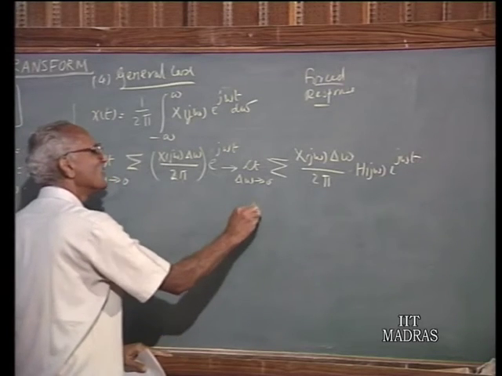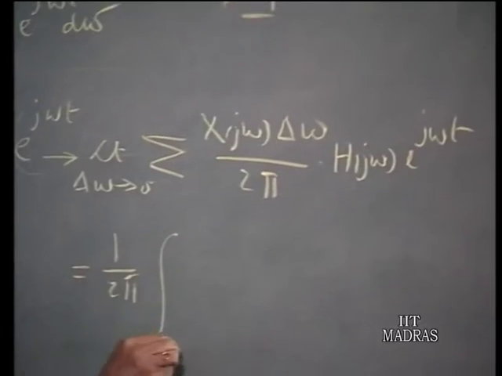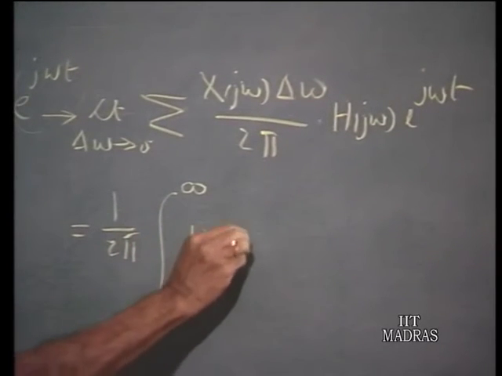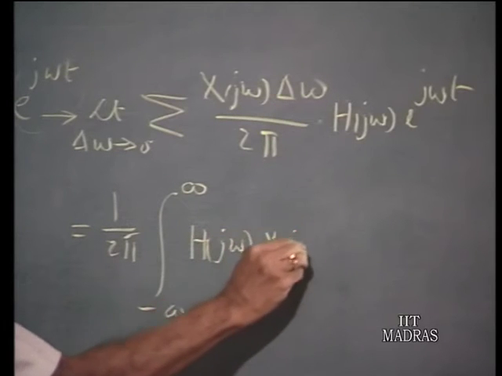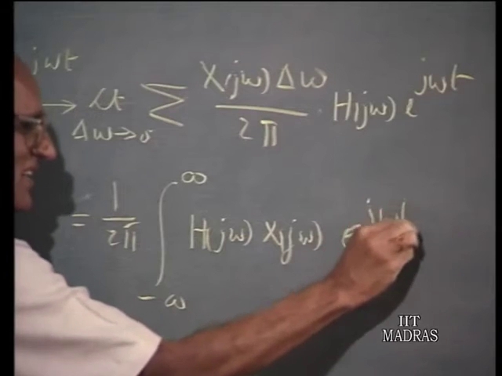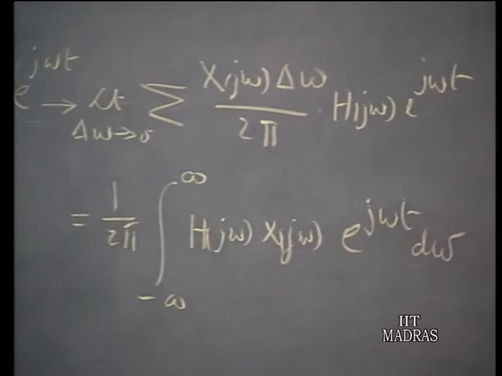This will be equal to 1 over 2 pi from minus infinity to plus infinity of h of j omega times x of j omega e to the power of j omega t d omega. And we observe that this is in the very form that we have for an inverse Fourier transform.